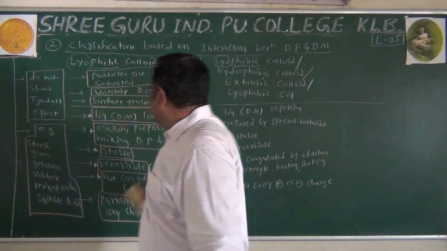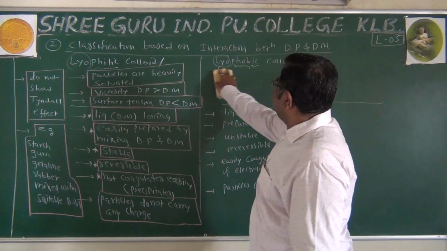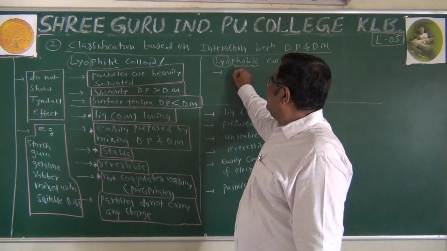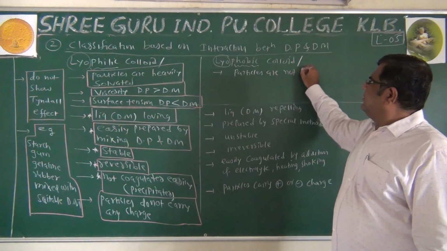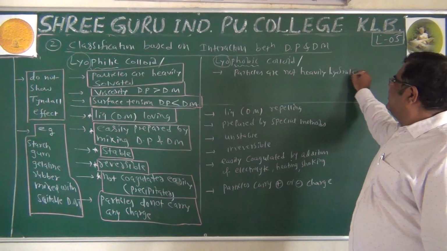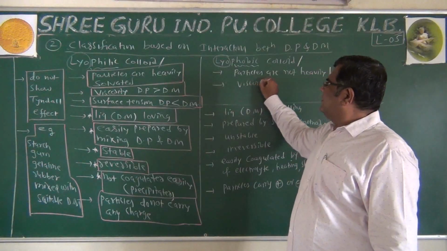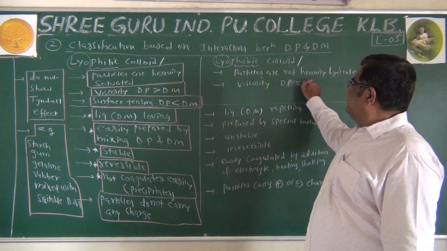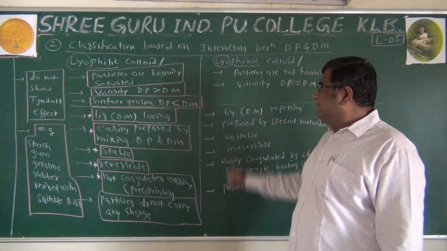And as DP and DM have no strong interaction, we can say particles are not heavily hydrated, and that's why the viscosity of DP is the same as DM. Here, for lyophilic, DP is greater than DM.